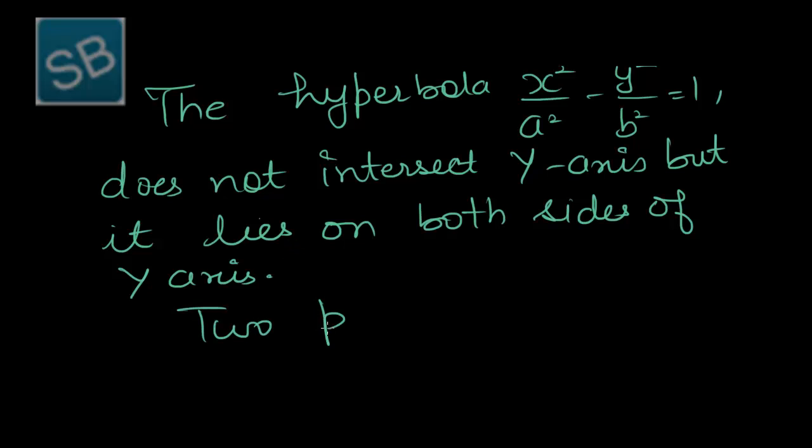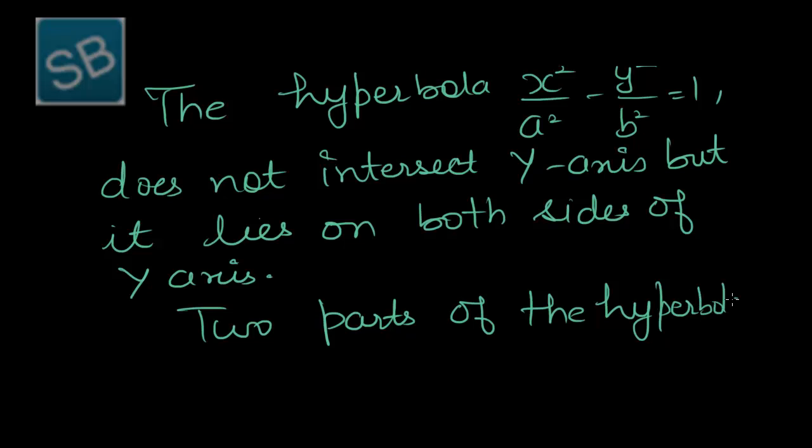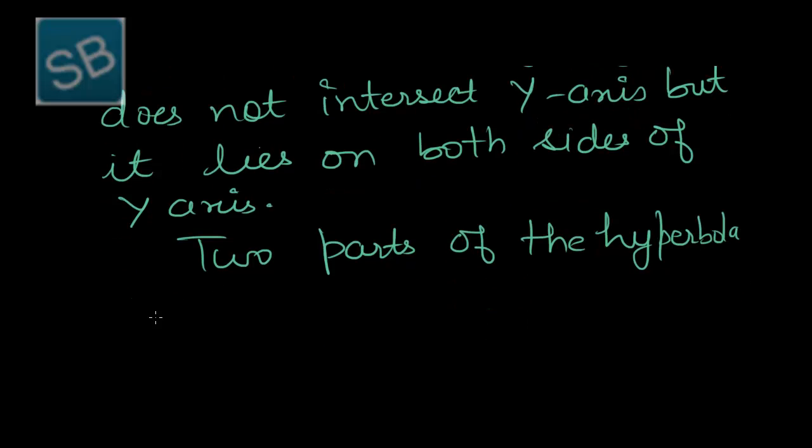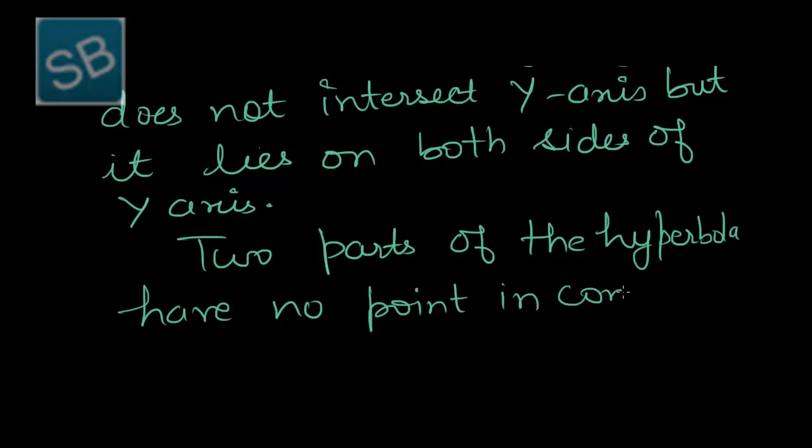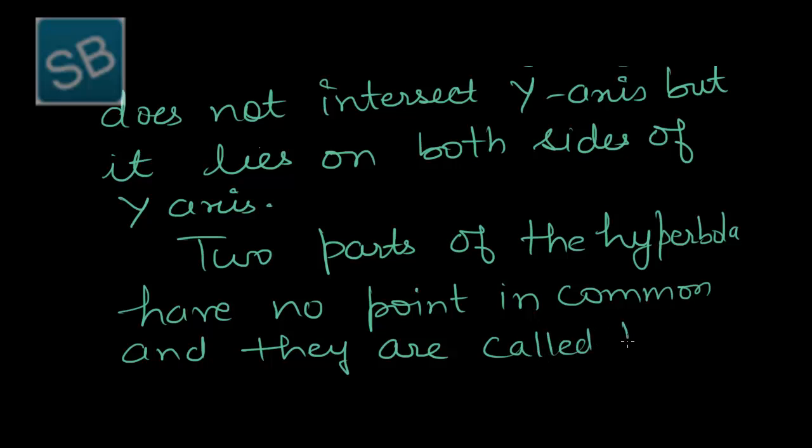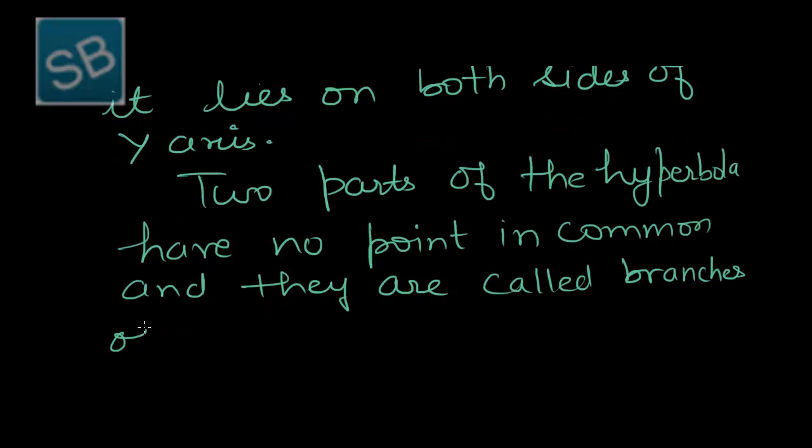Two parts of the hyperbola have no point in common, and they are called branches of hyperbola.